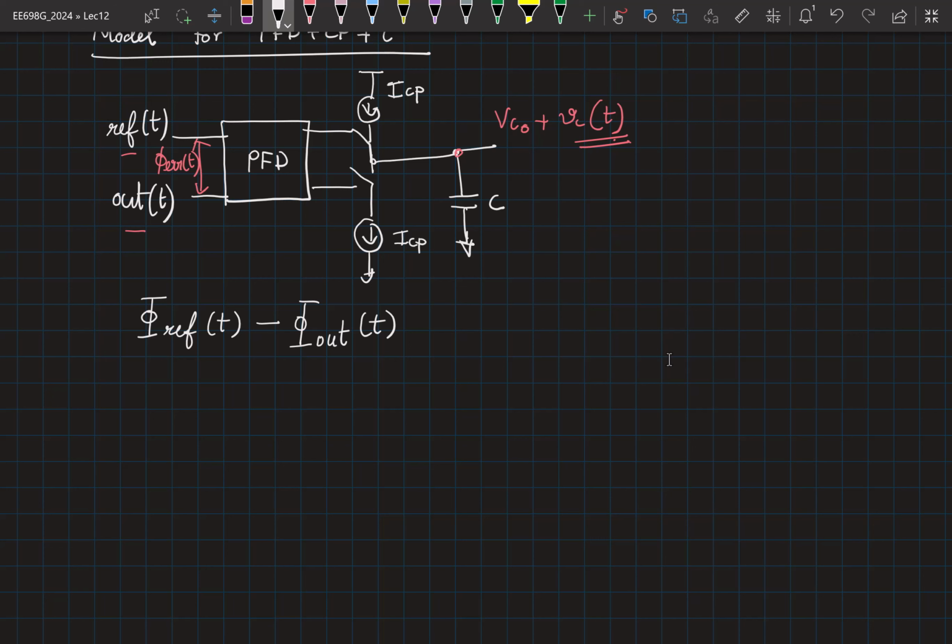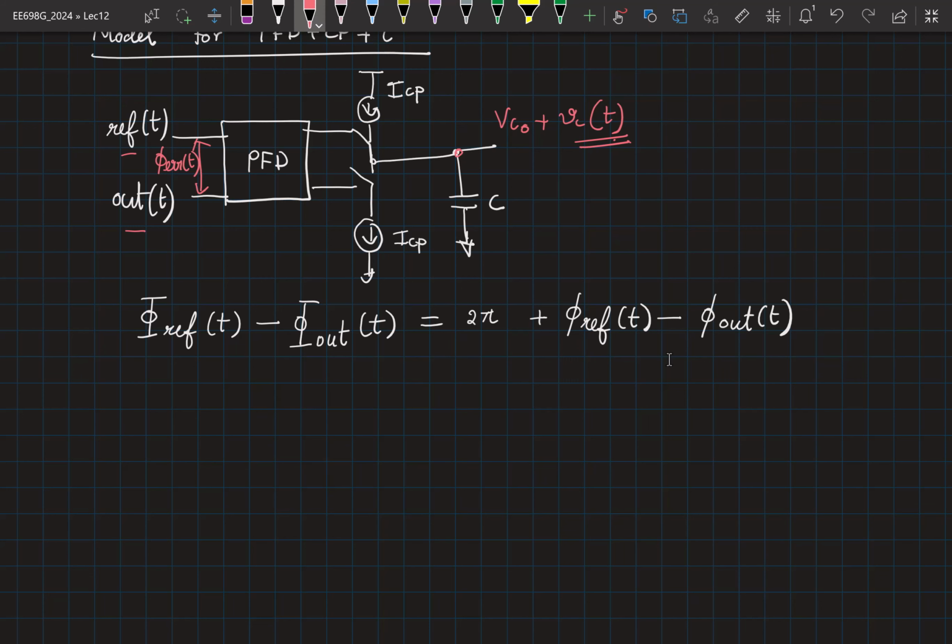I am taking the difference of the total phase. We calculated this some time back. This is going to be 2 pi plus small signal phase in the reference minus small signal phase in the output. Now in this, what is the signal to which the PFD is responding?